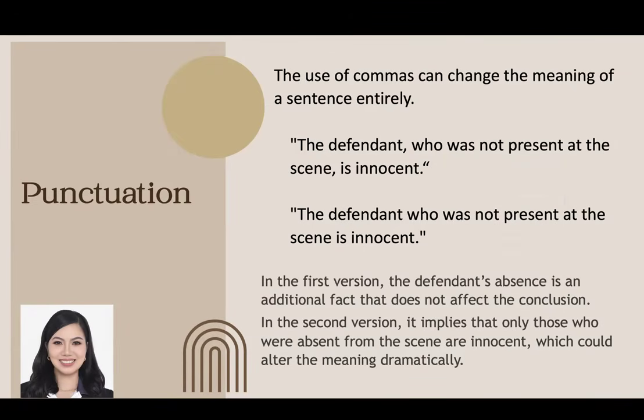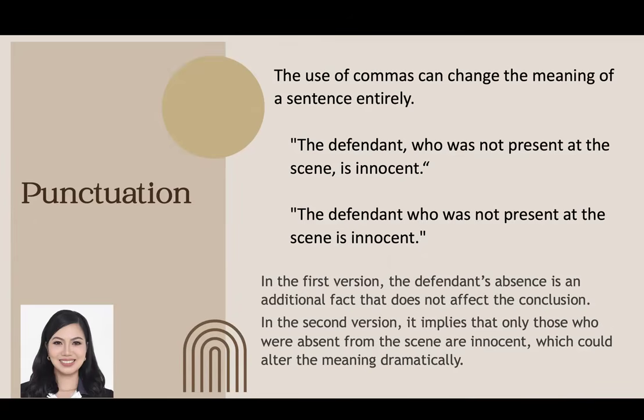In the first version, the defendant's absence is an additional fact that does not affect the conclusion. Meaning, even though you remove the phrase "who was not present at the scene" because of the placing of comma before "who" and before the word "is," it does not affect the conclusion. The conclusion is the defendant is innocent.